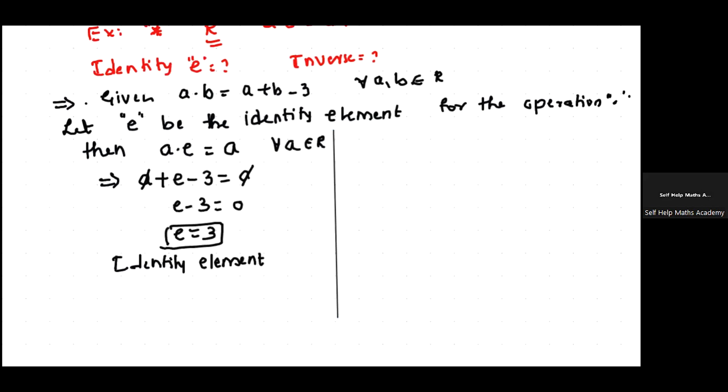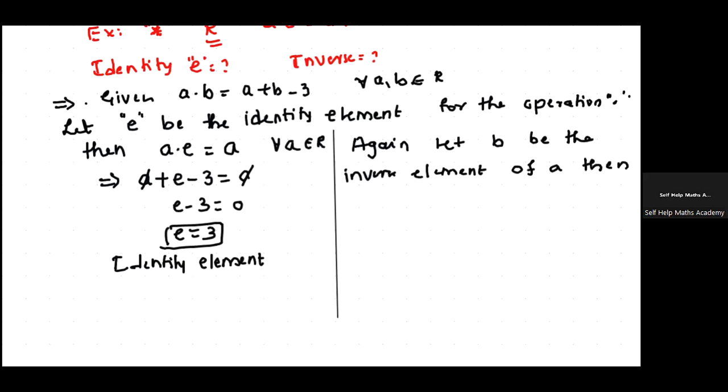Again, let B be the inverse element of A. Then we must have A dot B equal to E, which is equal to B dot A. This is by the definition of the inverse element, where E is the identity element.